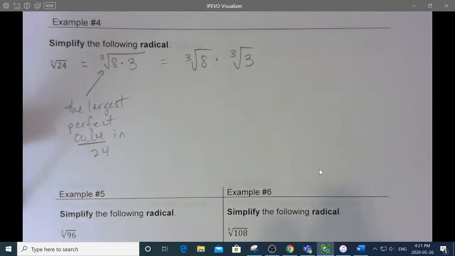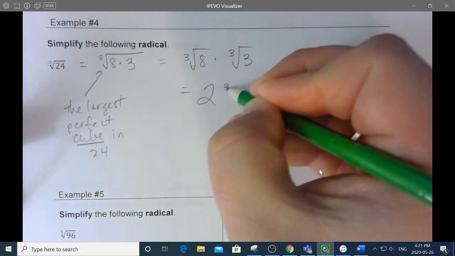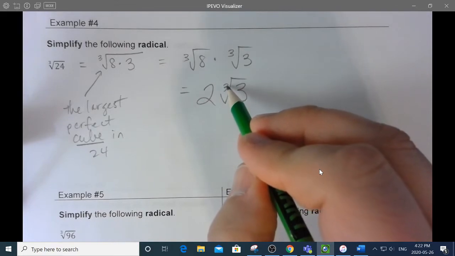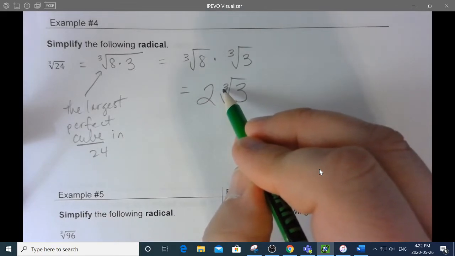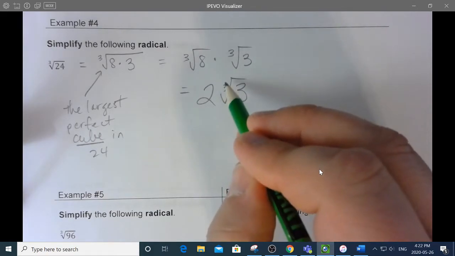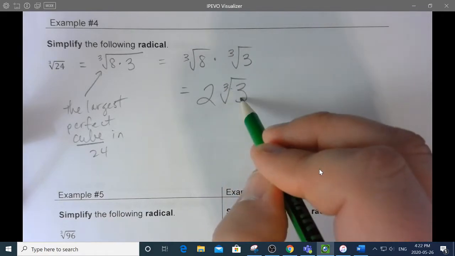And here's where, if you're one of those people who writes kind of messy, you have to be very careful. The cube root of 8 is 2, so this is 2 cube root 3. And when you write that, you have to make sure that that 3 is definitely to the right of the end of that radical symbol. You can't make it look like the 2 has a cube on it. It's not 2 cubed times the square root of 3.